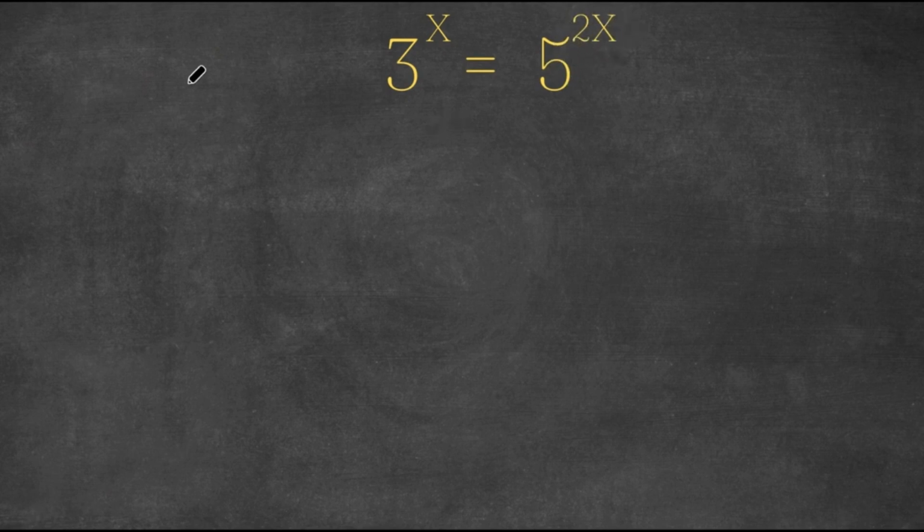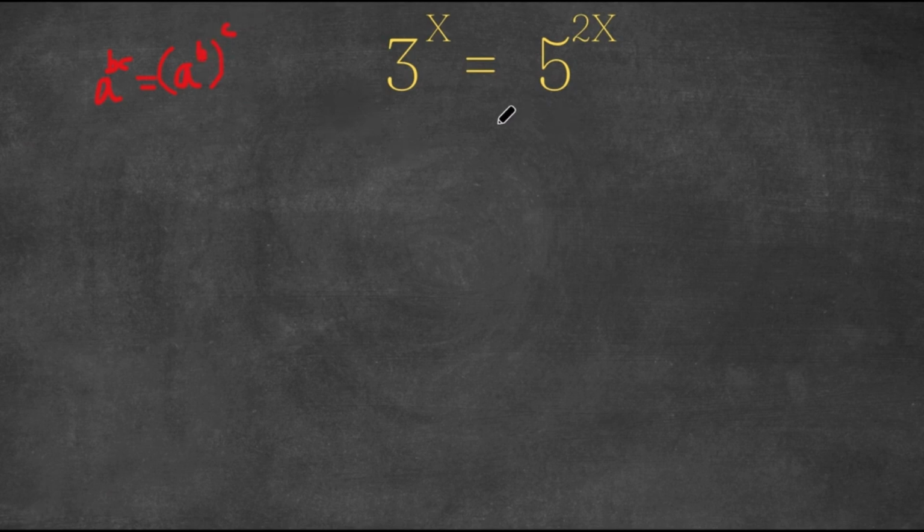And if you guys already didn't know, an important property of exponents is that if we have a to the power of b times c, this can be written as a to the power of b to the power of c, and also vice versa. It could also be written as a to the power of c to the power of b.